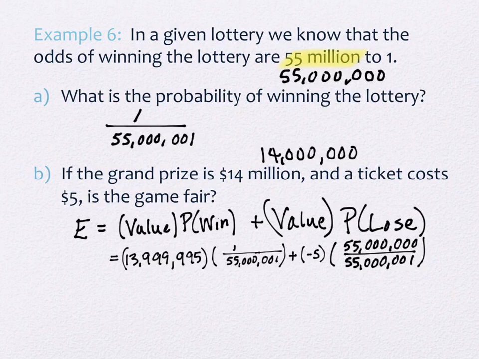So for an individual. All right, so grab your calculator because these numbers are really big. 13,999,995. Let's keep 3 decimals just in case things add up funny. So for right now, I've got 0.255 on the first one.